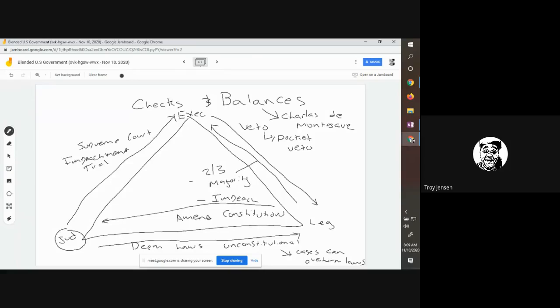A check that the executive branch has on the judicial branch is the fact that the president appoints justices. So that's how the checks and balances work in our system of government. Are there any questions so far?